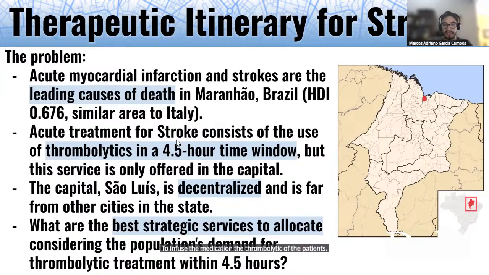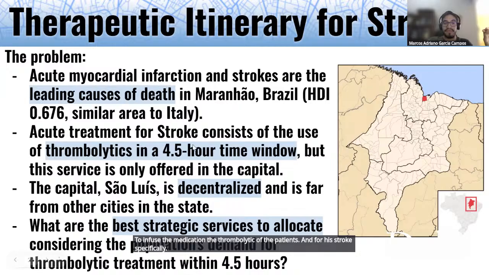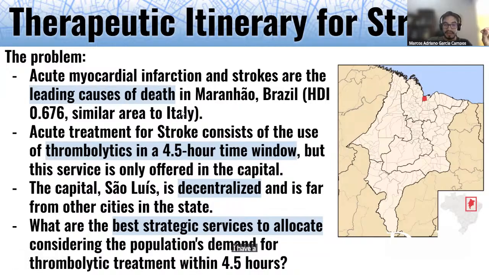And for stroke specifically, I have a time window of 4.5 hours to give that medication. But the service to do the thrombolytic is available only in the capital.